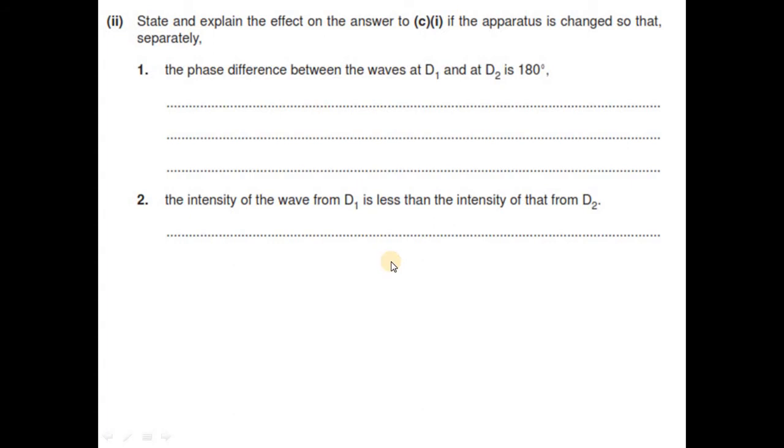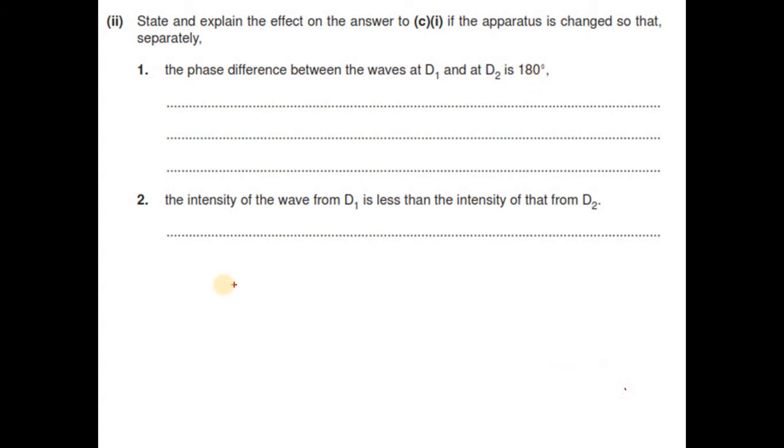Part 2. State and explain the effect on the answer to the previous part if the apparatus is changed so that separately the phase difference between D1 and D2 is 180 degree.